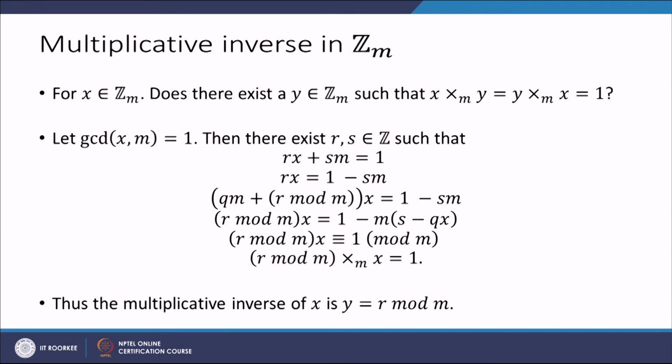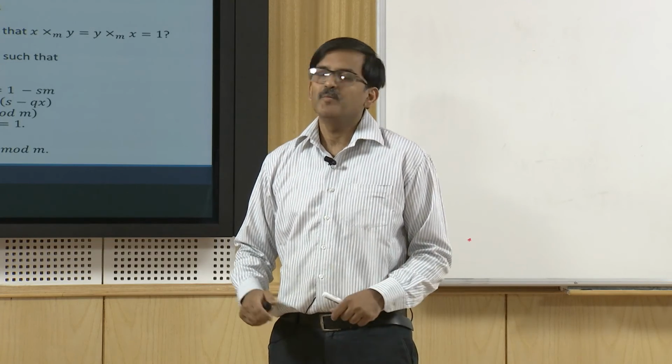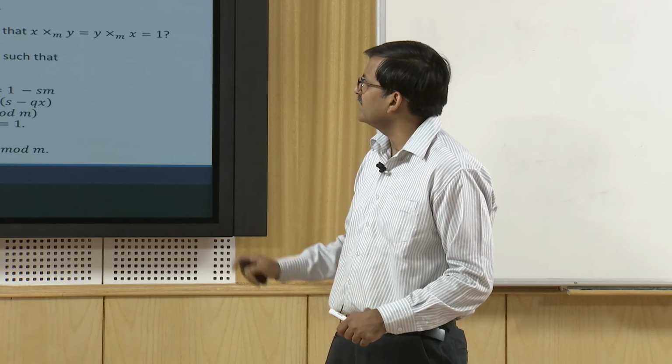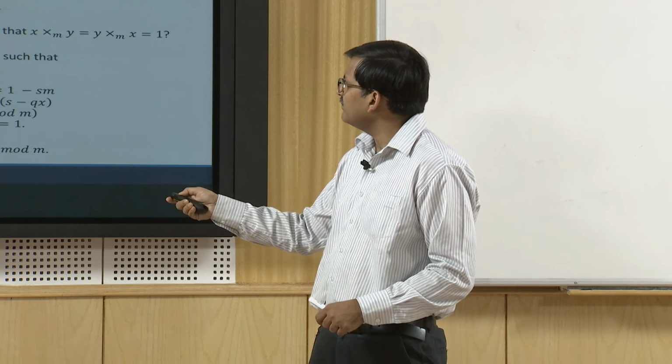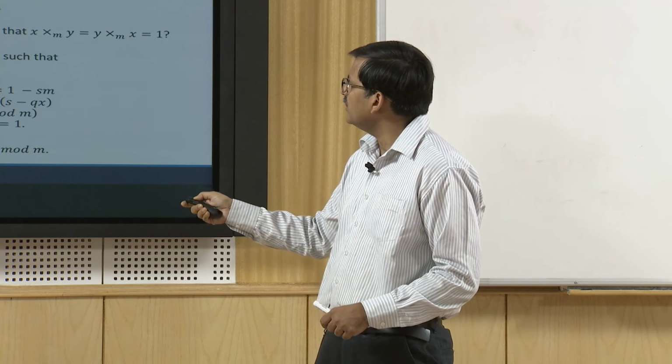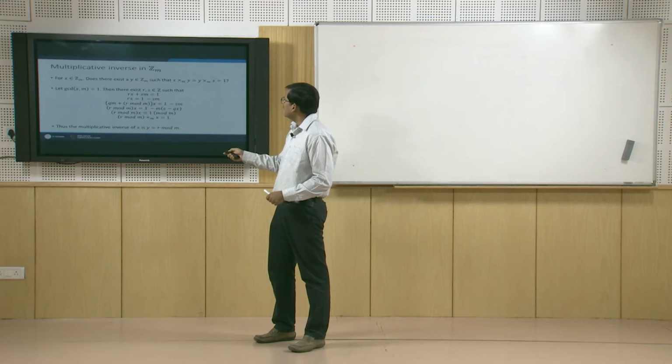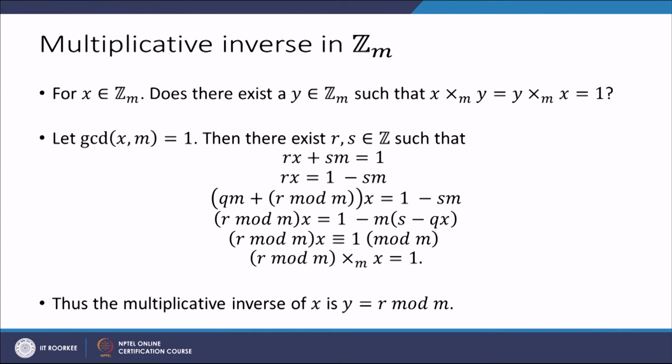Suppose the greatest common divisor of x and m is equal to 1, there exist r and s belonging to Z such that Rx plus Sm is equal to 1. This is something that we have seen with the greatest common divisor. We can write Rx equal to 1 minus Sm, and therefore I can reduce R modulo m.